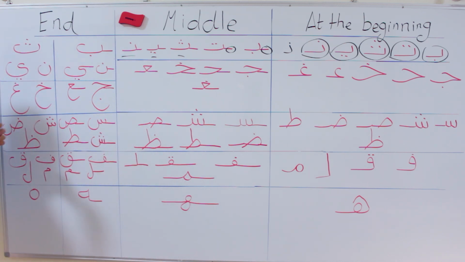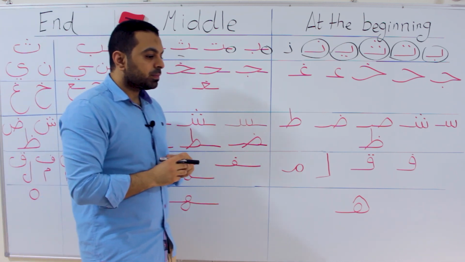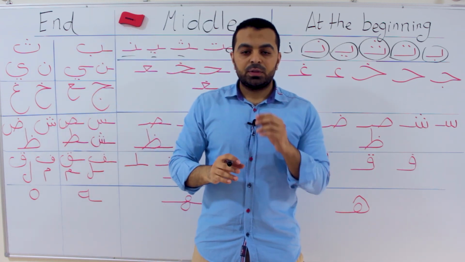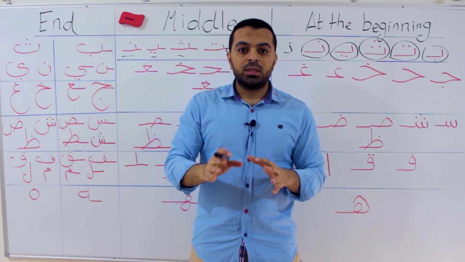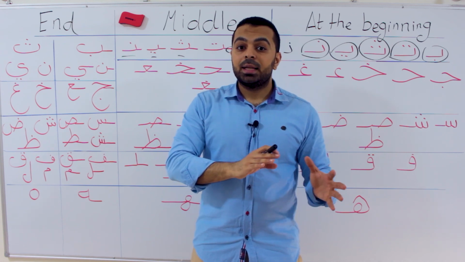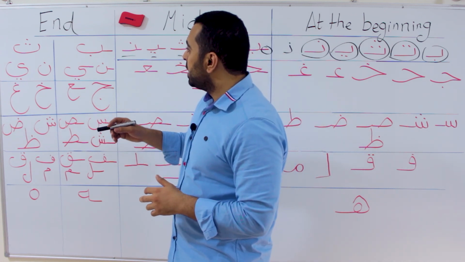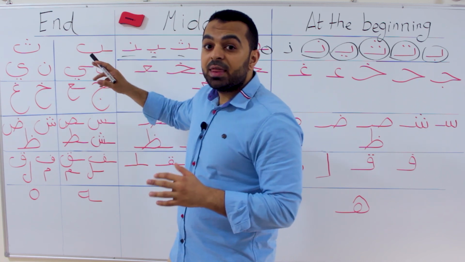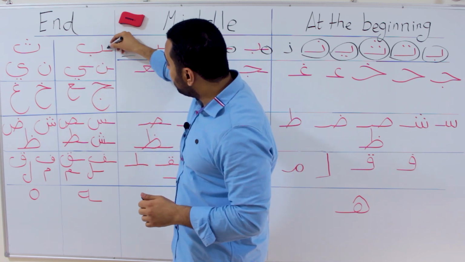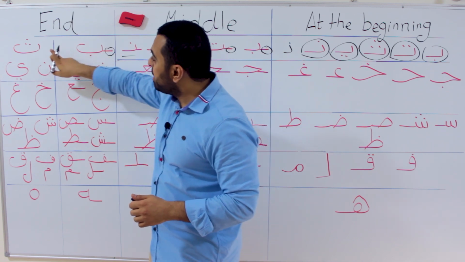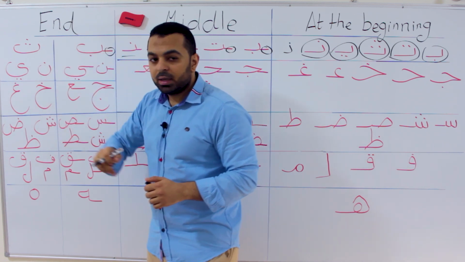Now, at the end of the word, we have 2 kinds of ending letters. Maybe you have the letter at the end connected from this tail, and maybe separated, right?